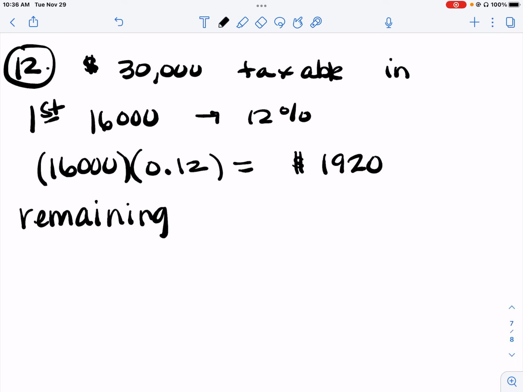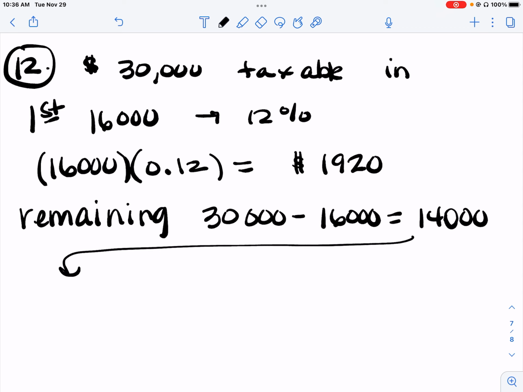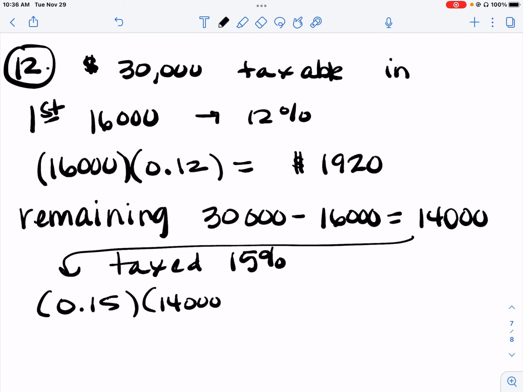The remaining amount is 14,000, and that's taxed at 15%. So 0.15 times 14,000 is 2,100.